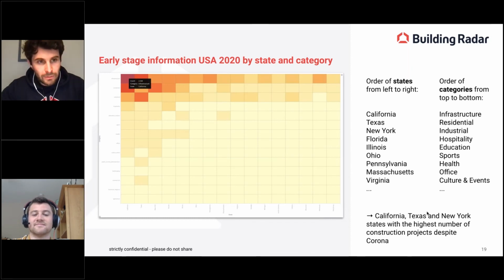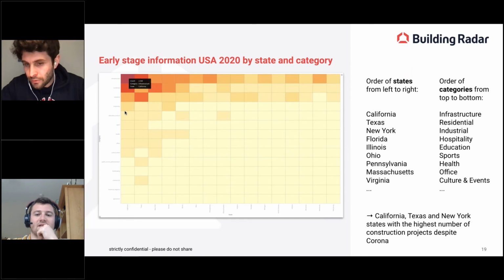For example, the office category is something we see decreased pretty much in the DACH region, but the overall picture, including infrastructure, including residential units, etc., did not change so much.